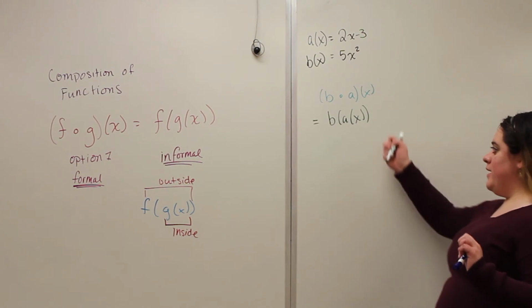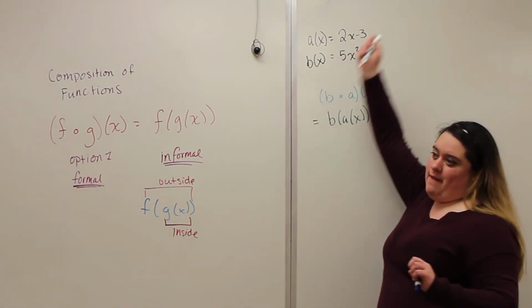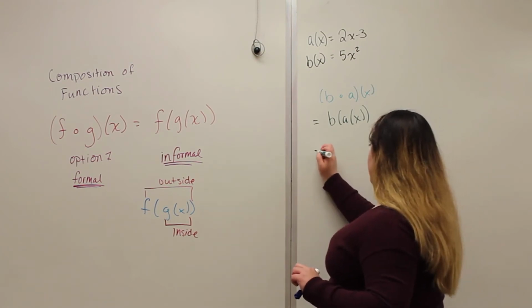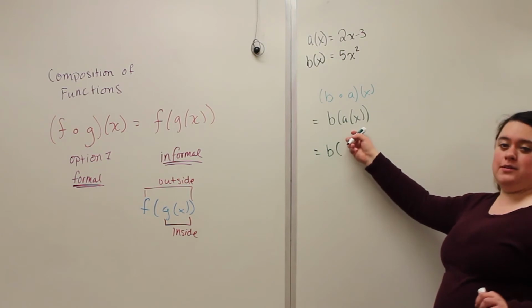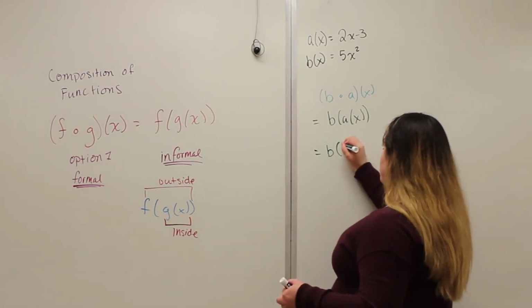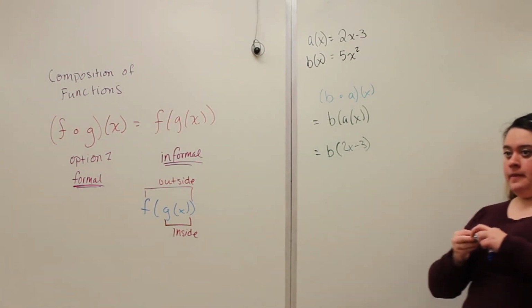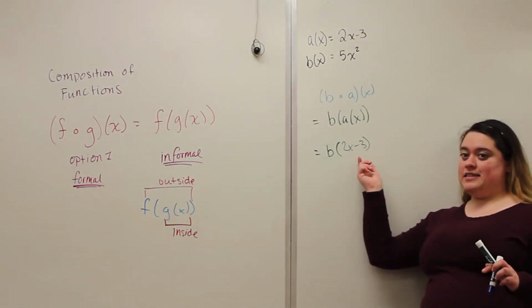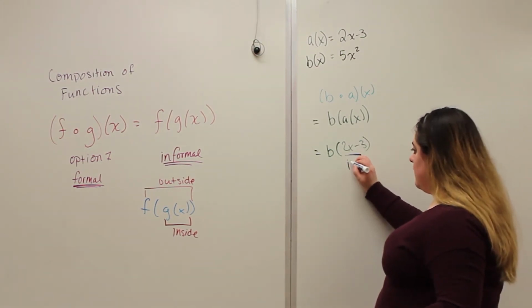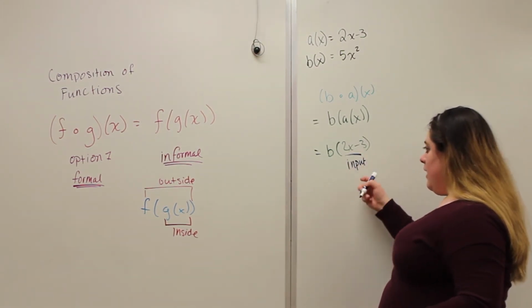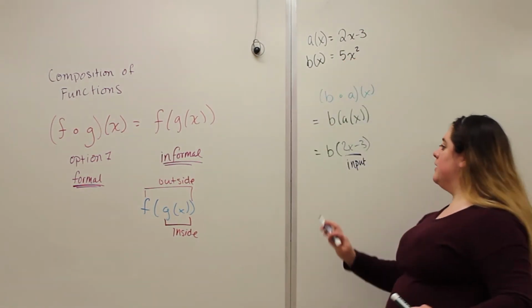So I'm going to rewrite this using my a of x function. So I have b of, and a of x we said was 2x minus 3, so I'm going to plug that in. So 2x minus 3. We're going to take this entire expression, because this is our input, and we're going to plug it into our b of x function right up here.